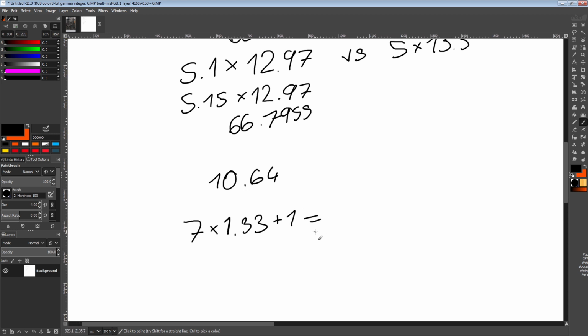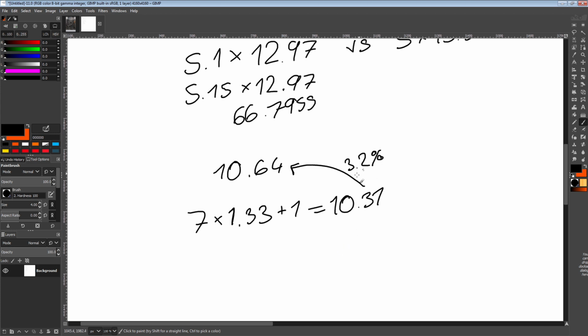But anyway, what does that equal? I don't know. Let's ask the calculator. 7 times 1.33 plus 1, that works out to be 10.31. So the ratio between those two, if we take 10.64 and divide by 10.31, works out to about 3.2%. So this gap between these two, if you wanted to go up to that, you'd have to gain 3.2% more frequency, which is actually kind of difficult.